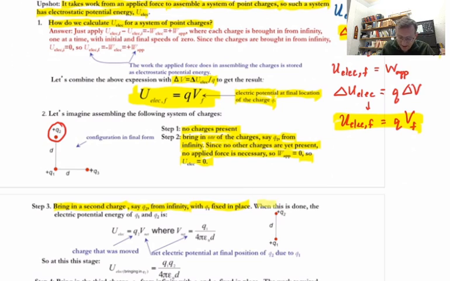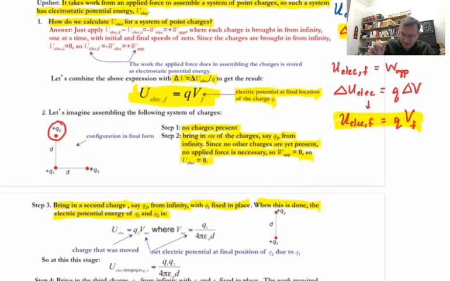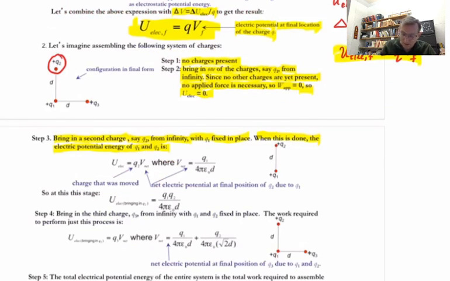When this process is done, the electric potential energy of Q1 and Q2 together is U elec. I'll write it over here to the side. I take the charge that I moved, Q2, times the net electric potential at the location where Q2 is put.